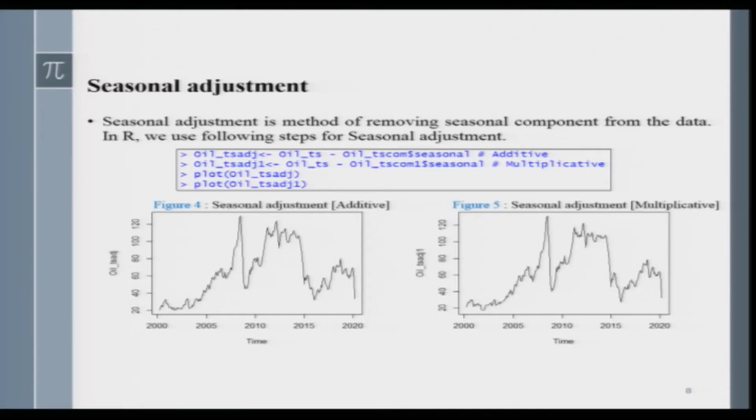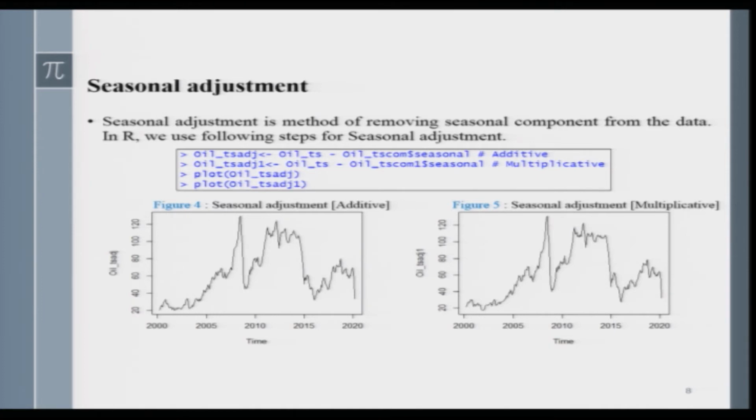Here in this slide I am showing you the commands that you need to write in the R environment, and R will give you the seasonal adjustment results. So, here you see what we are doing. First of all, you need to define a new variable or a storage to save the seasonally adjusted time series numbers.